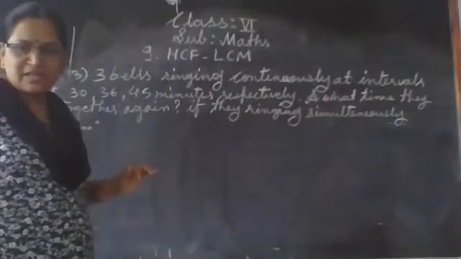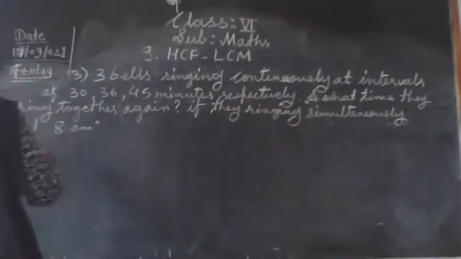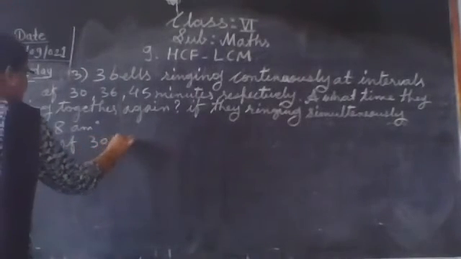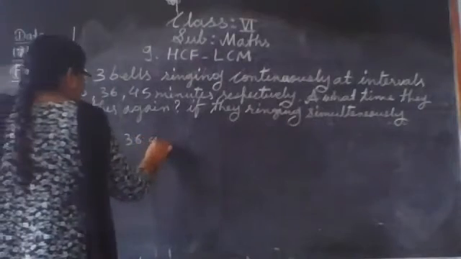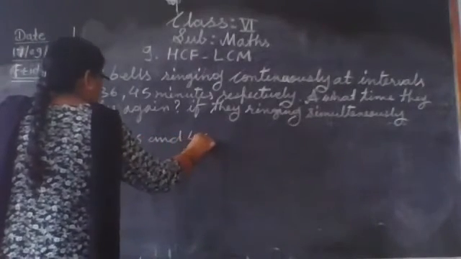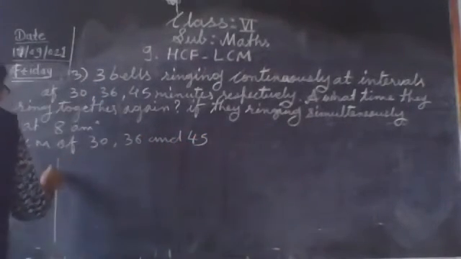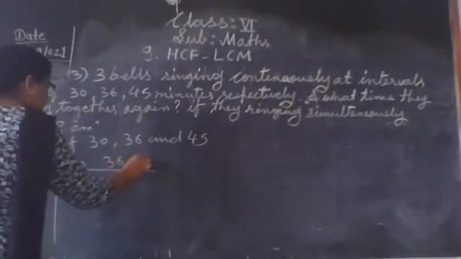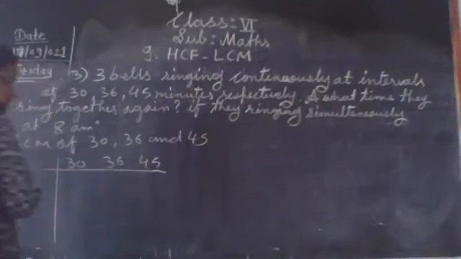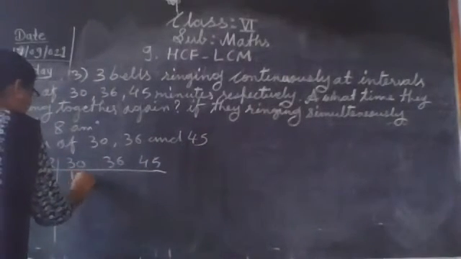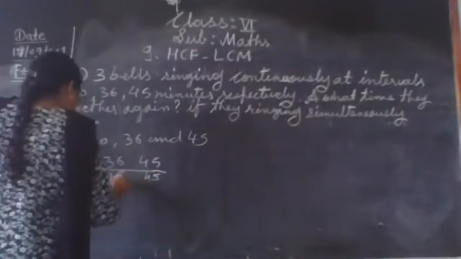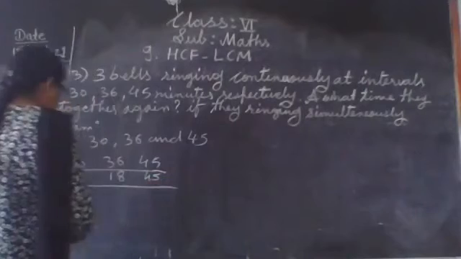So here we will find the LCM of 30, 36 and 45. See, these two are even numbers, so we will start with 2. 2 fifteens are 30, 2 eighteens are 36, and write down 45 as it is, since 45 is an odd number.